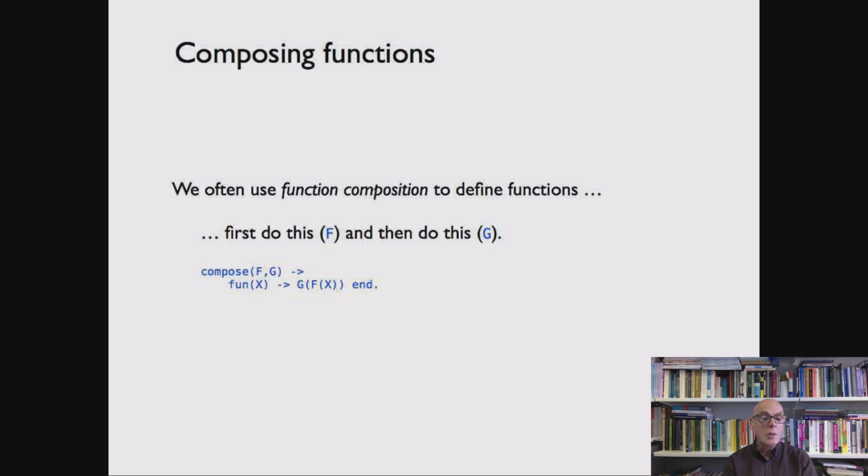So compose is a function that has two functions as arguments and returns a function as result. Instead of having a function with two numbers as argument and a number as result, each of the arguments and the result are themselves functions. And that's the sort of thing we start using when we're doing functional programming.